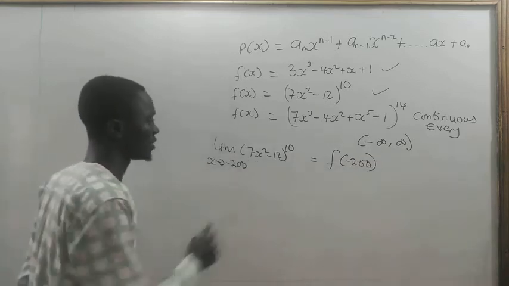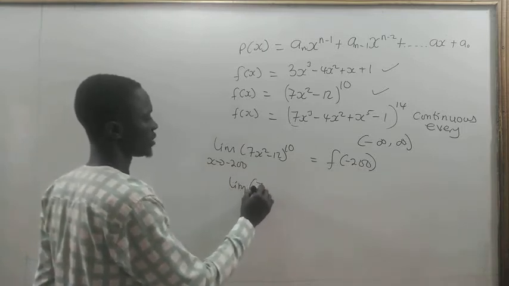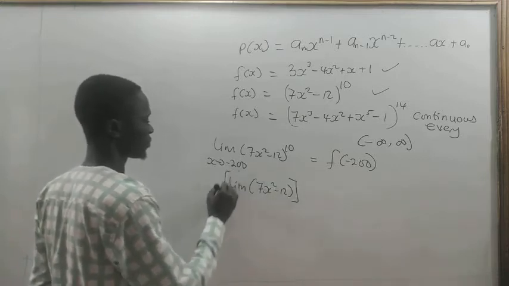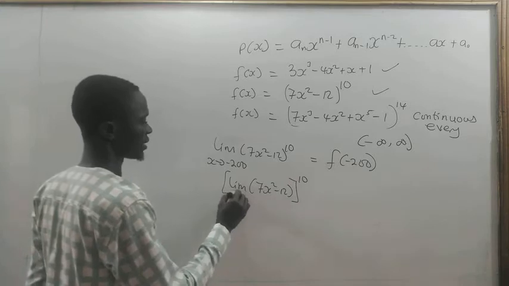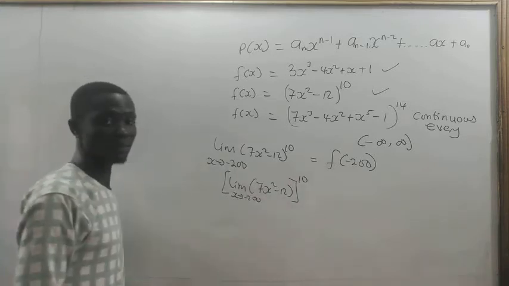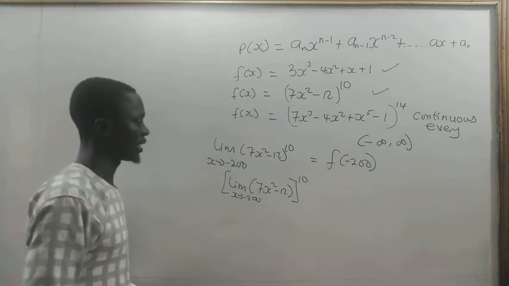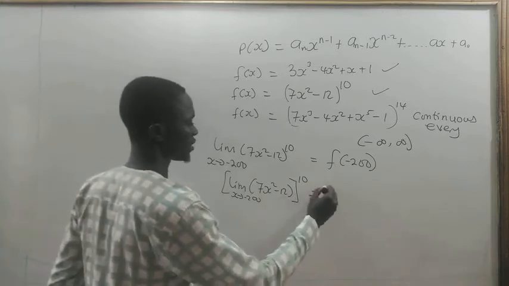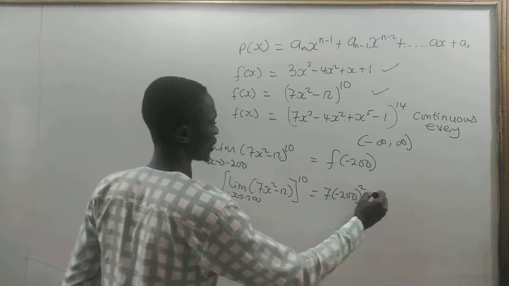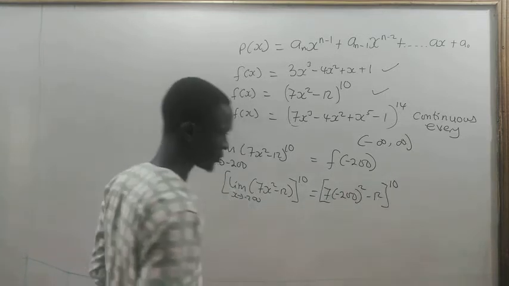So let's check and see. Here we are going to take the limit of (7x squared minus 12) to the power 10 as x approaches negative 200. Very simple as that, since it's a polynomial function. So this will give us (7 times minus 200 squared minus 12) all to the power 10.